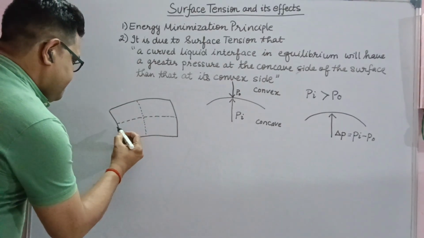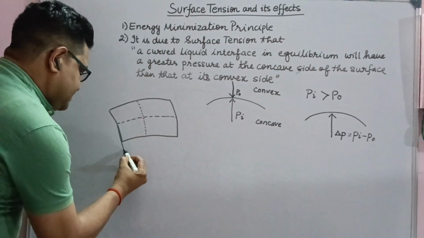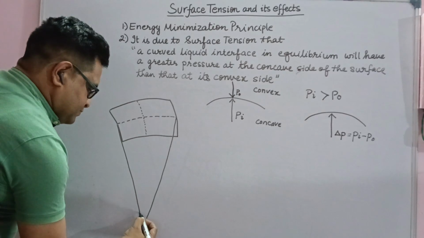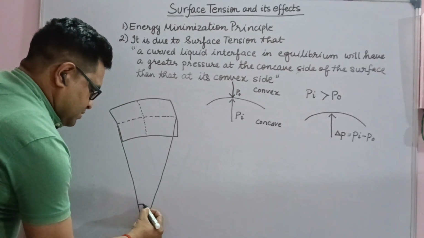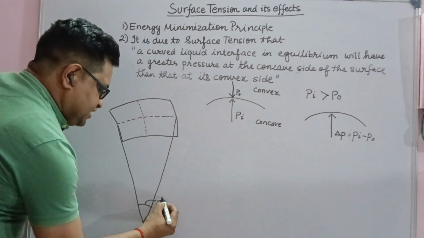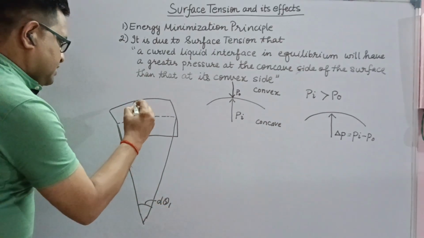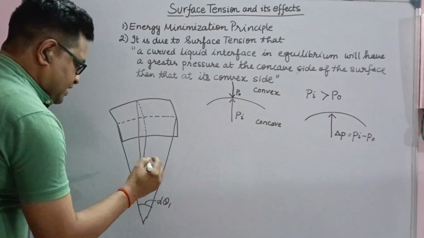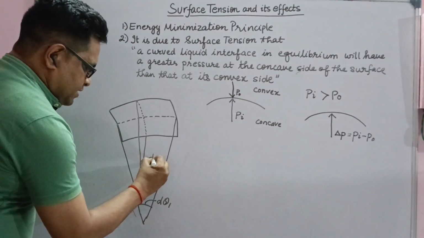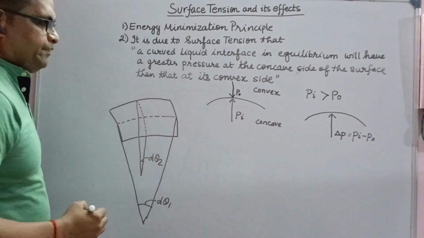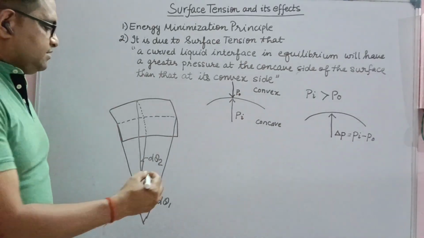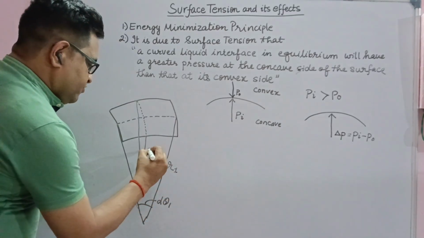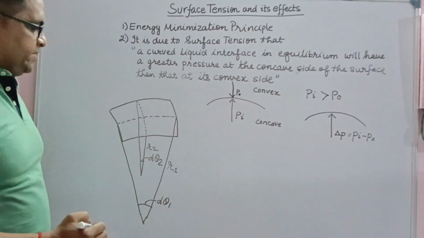So let us say that this side is extending an angle of d theta 1, and the other side is also extending an angle of, say, d theta 2. Also here the radius of curvature of this side is r1, and for this side let us say that this is r2.